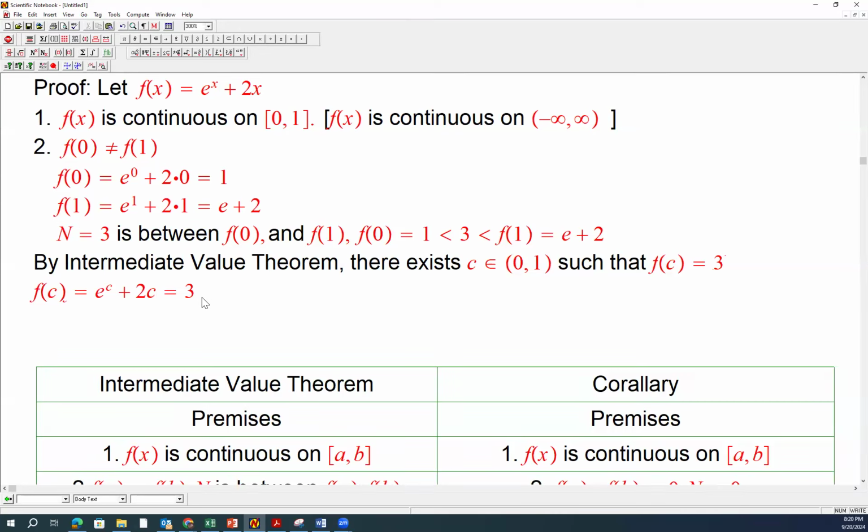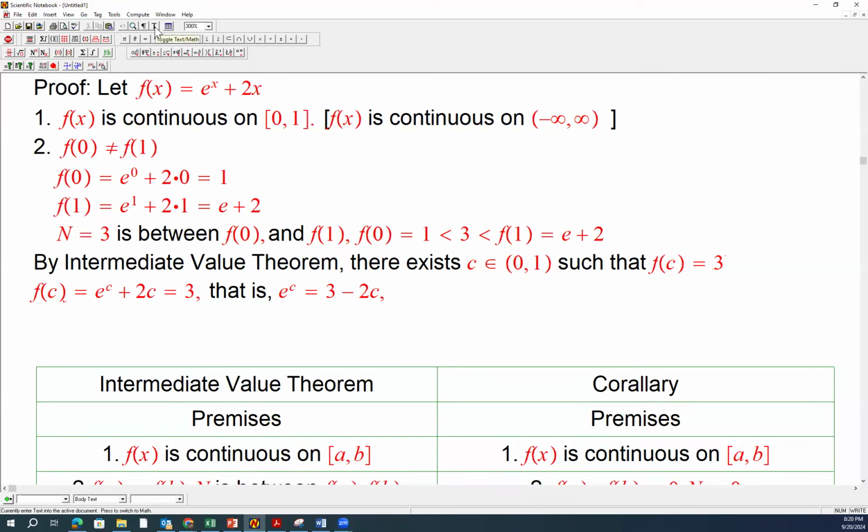All right? So we have proved it with the intermediate value theorem. Then you can also say that e to the power c is equal to 3 minus 2c, which also says c is the solution, right?